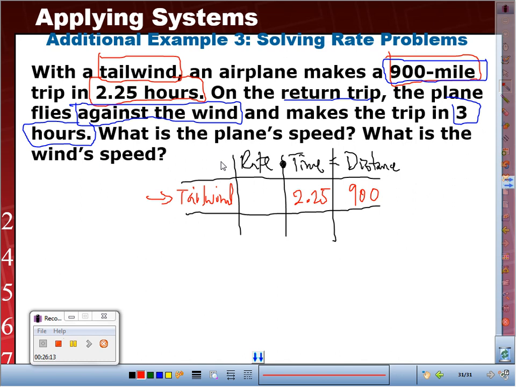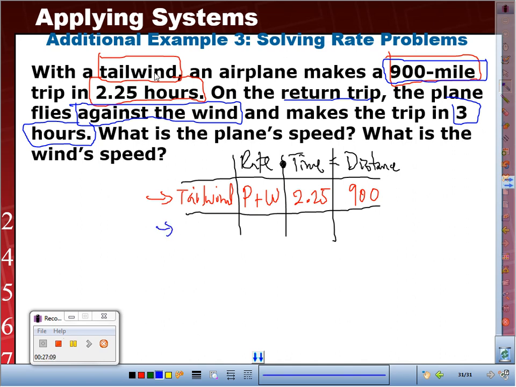It increases your rate, is that correct? So therefore, this is how I'm going to write rate. The plane's rate increased by the wind. Does that make sense? Bam! So we're done with this row.